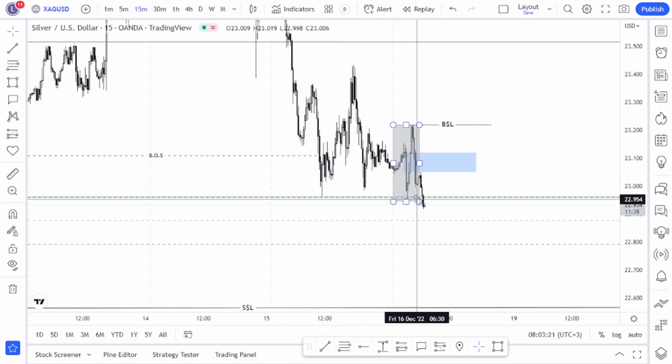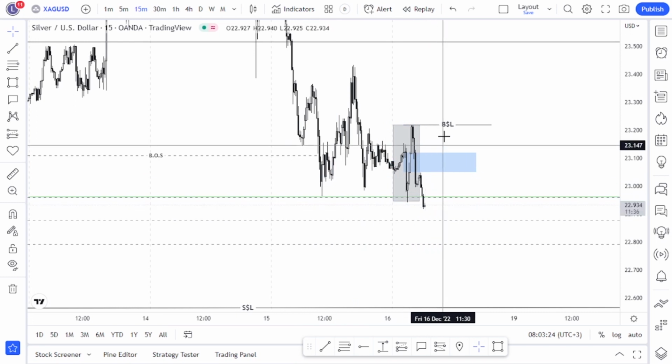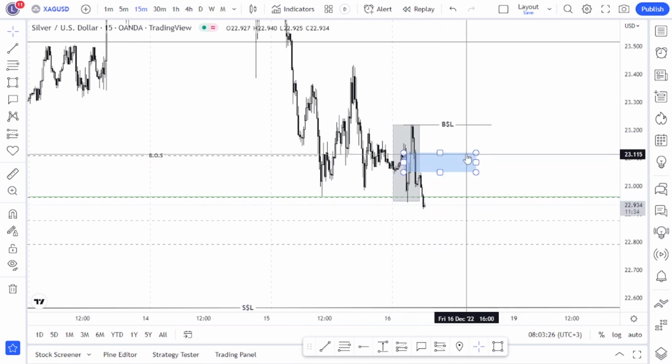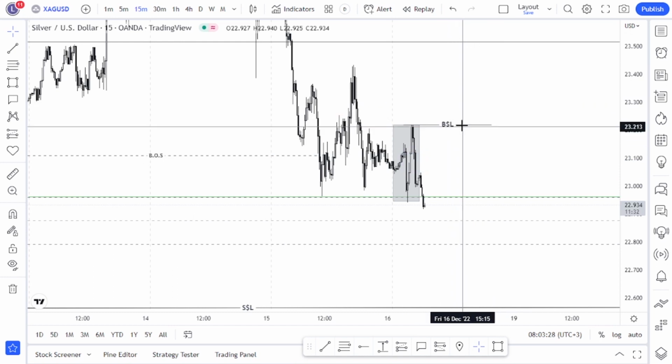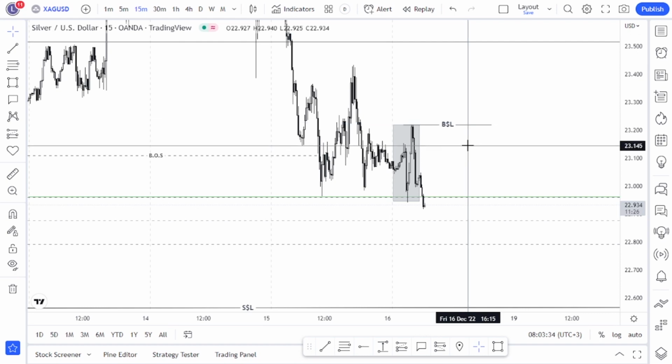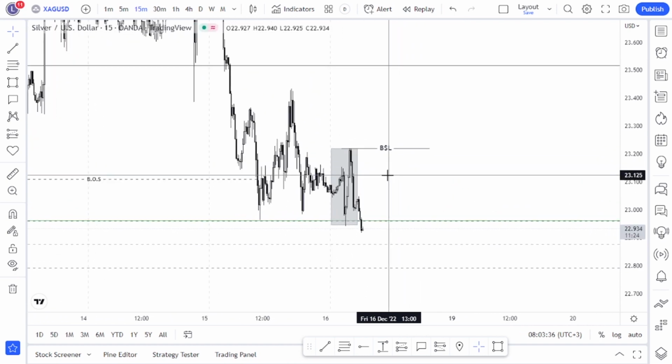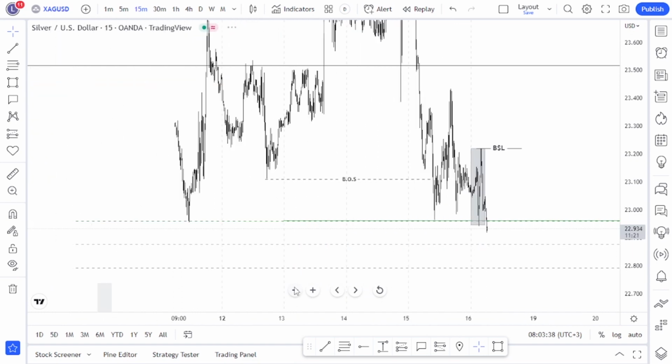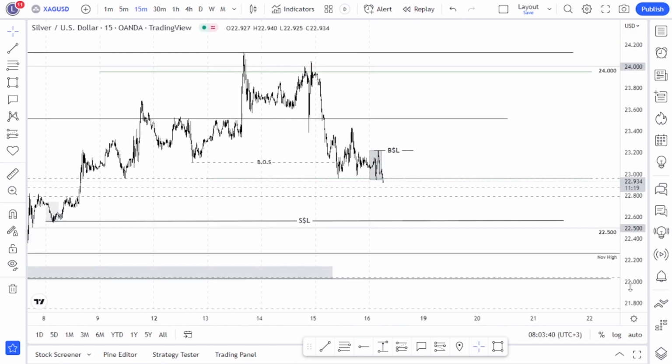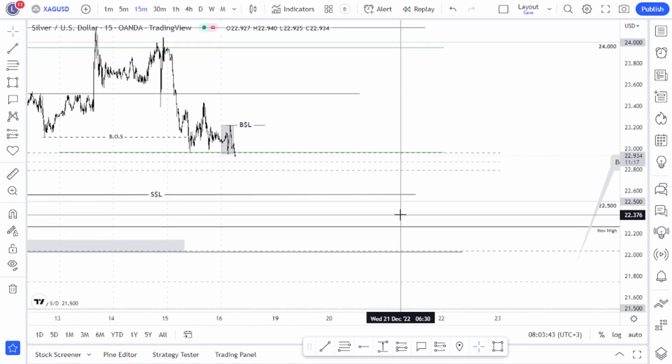So price has come down, will collect orders, push back up. There's a high probability of price coming above the 23.227 price point before getting adequate volume to drop to here, which is our target.